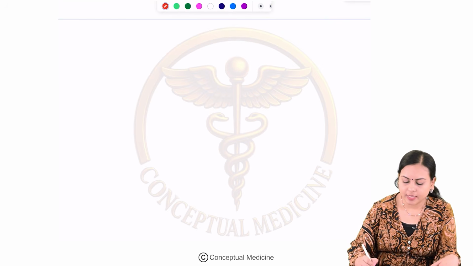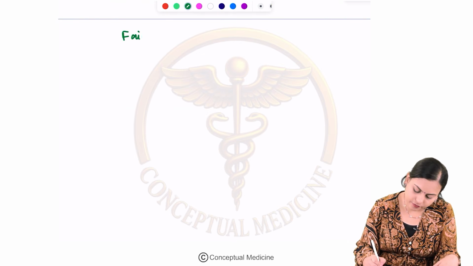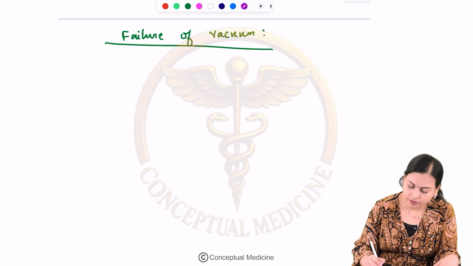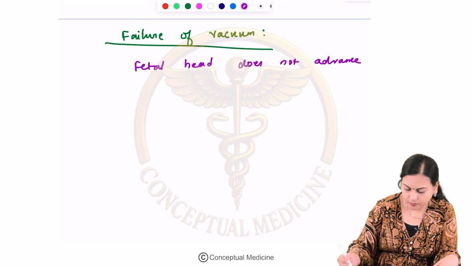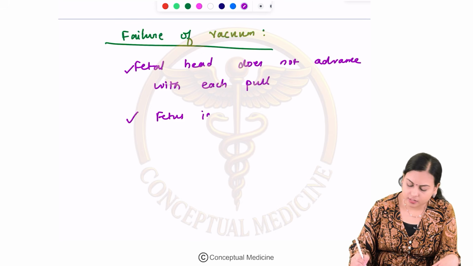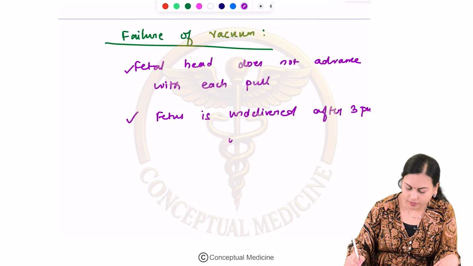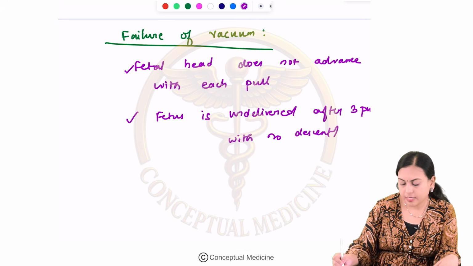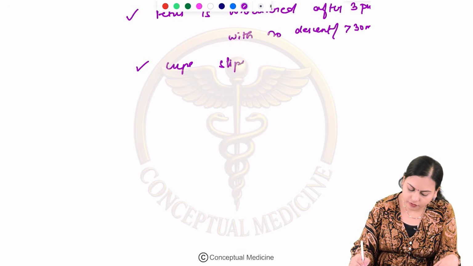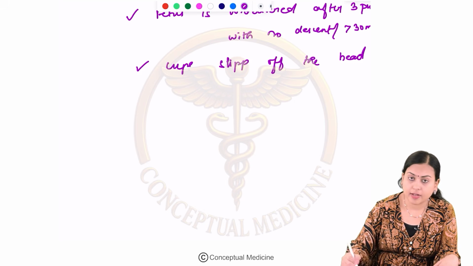Now, when can we say that vacuum has failed? So, failure of vacuum is there when the fetal head does not advance with each pull, the fetus is undelivered after 3 pulls with no descent or even after 30 minutes, or the cup slips off the head twice at the proper direction of pull.